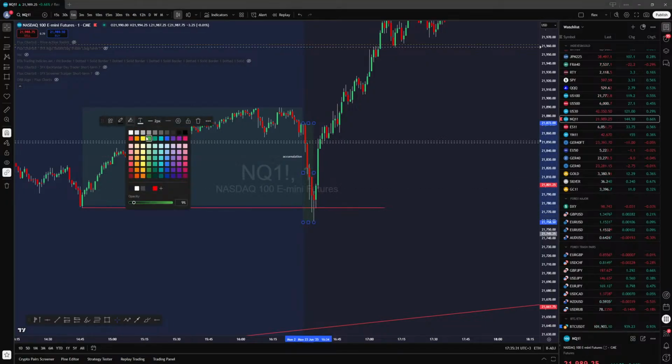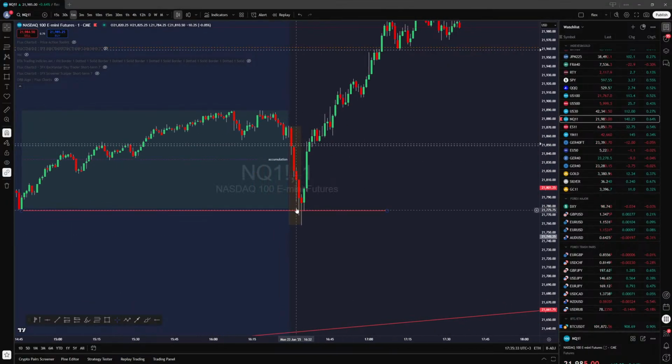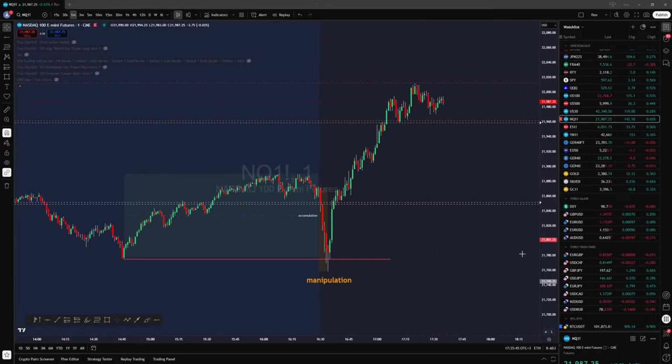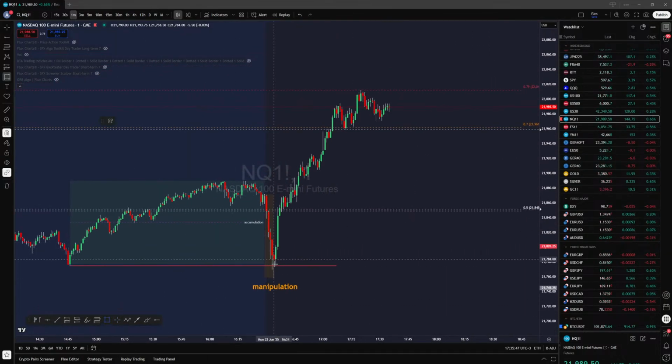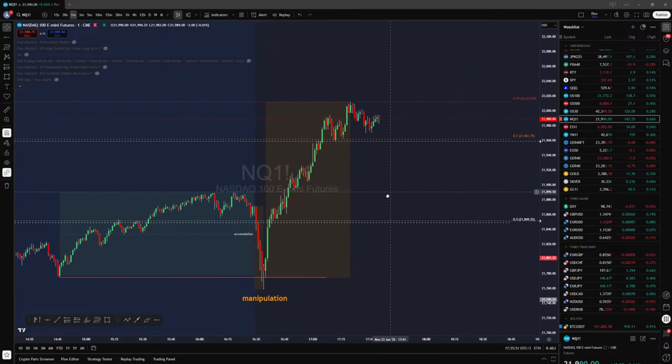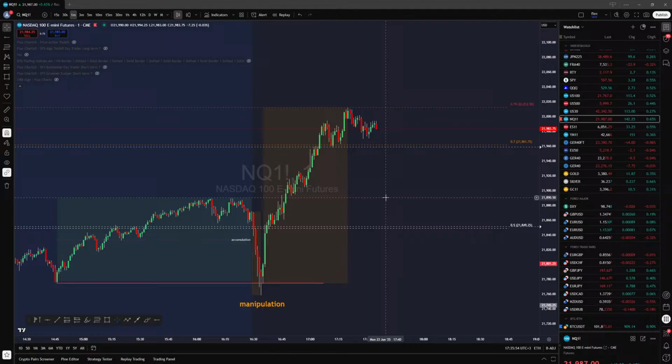So this is manipulation. This is gonna be yellow, right? This is manipulation. And this one is distribution. Here you can identify the other phases, like pump, test, and then distribution, like the examples that I showed you on the euro.